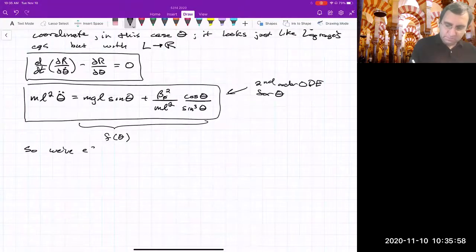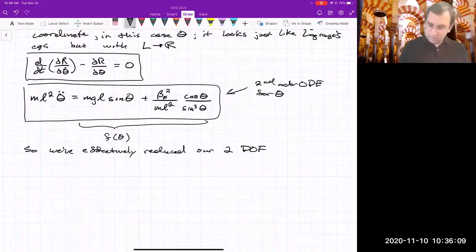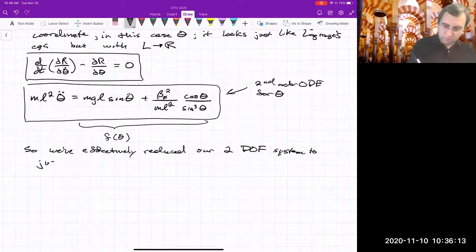So what have we done? We've effectively reduced our 2 degree of freedom system to just 1 degree of freedom. And it's in the non-ignorable direction.